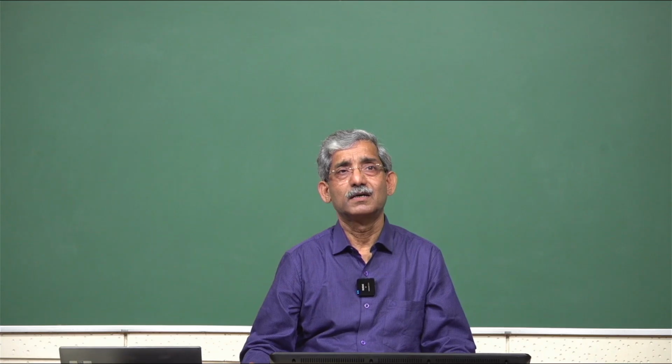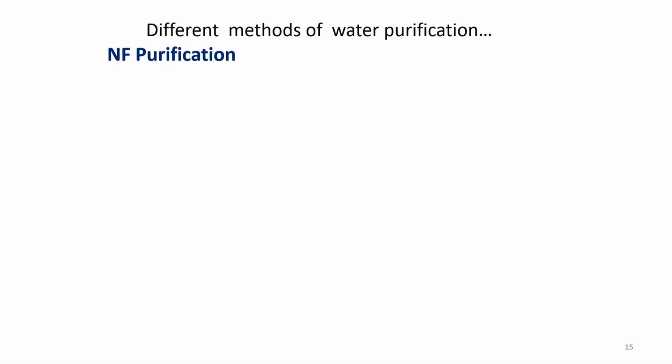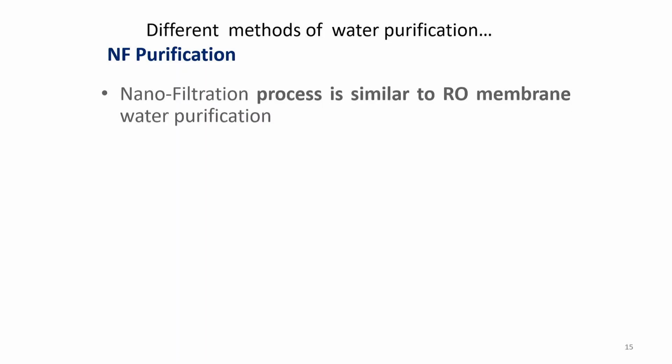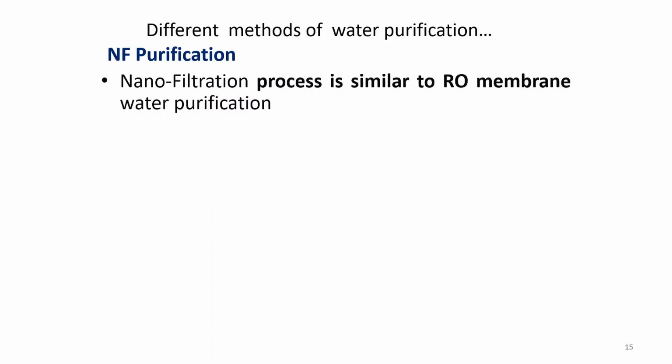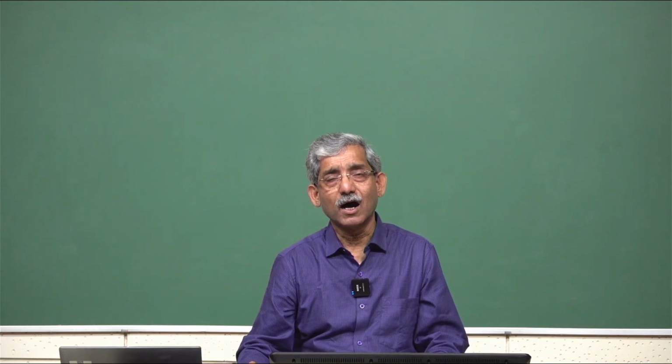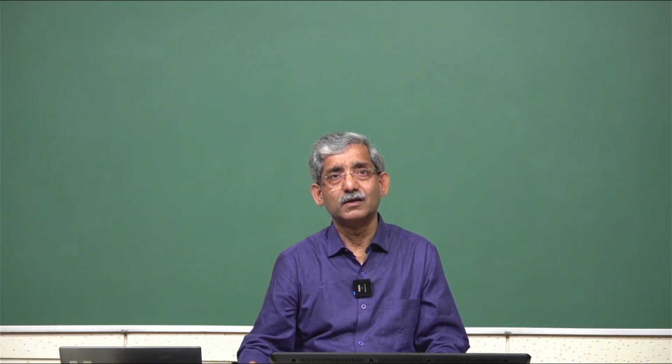Next process is the nano filtration purifier. This nano filtration purifier is almost similar to the RO membrane, but here the pore size is a little bit more than the RO.